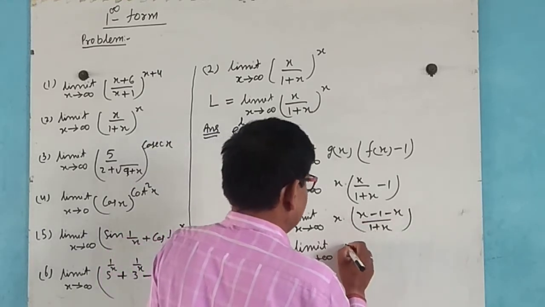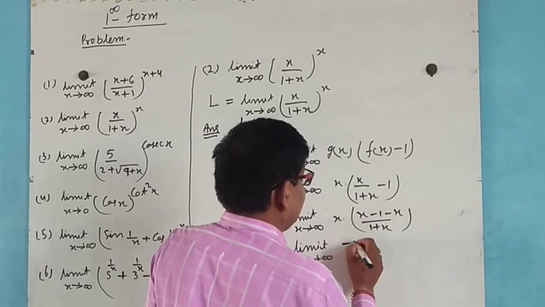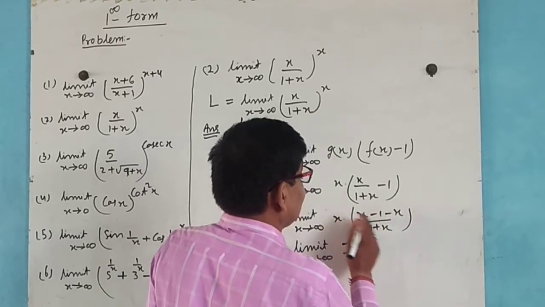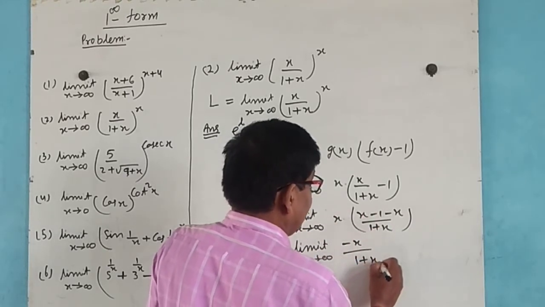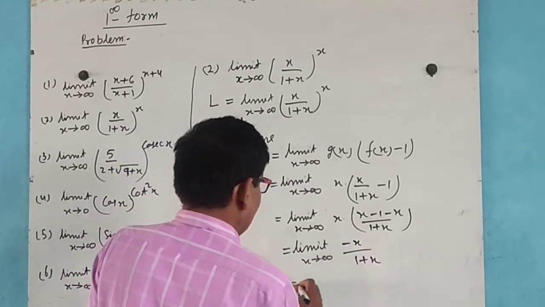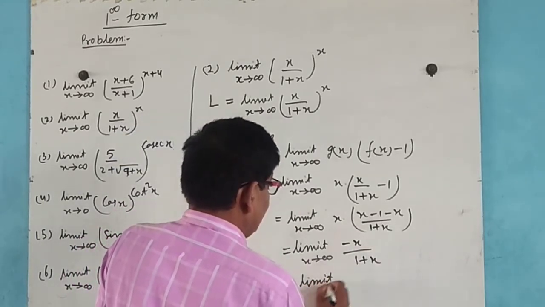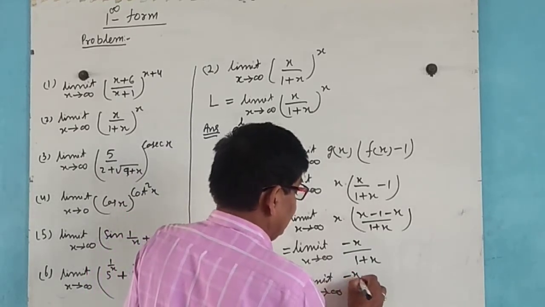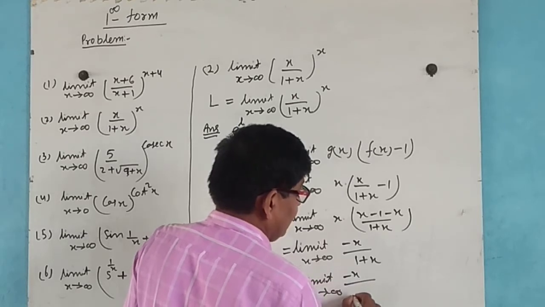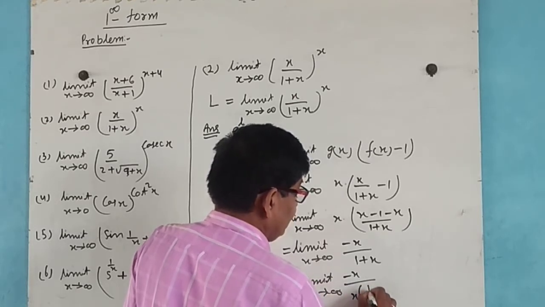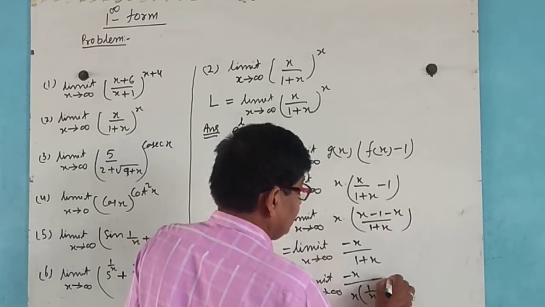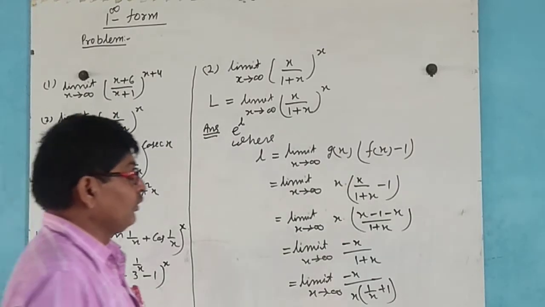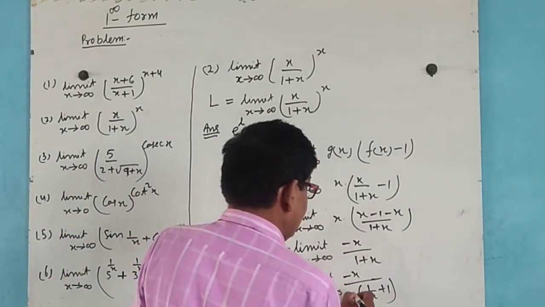Here minus 1 minus x divided by 1 plus x. Now limit x tends to infinity, minus x divided by, take x common, 1 by x plus 1, so this and this are removed.